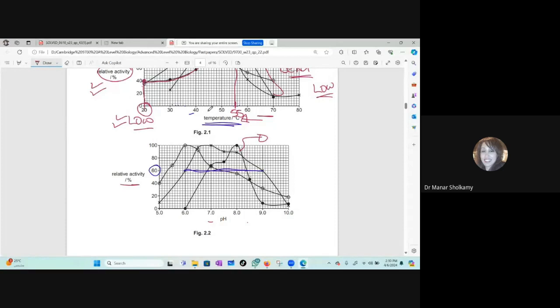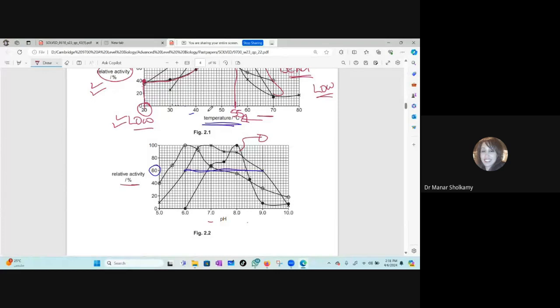Another student can think that the enzyme will denature quickly because the temperature is low. It's also correct, as long as you're giving correct values. So you understand the idea of the question. They want to see if you will extract correct information from the graph. This is called the skill question. You understand? Okay. So both suggestions or opinions are correct, as long as you are getting correct information.